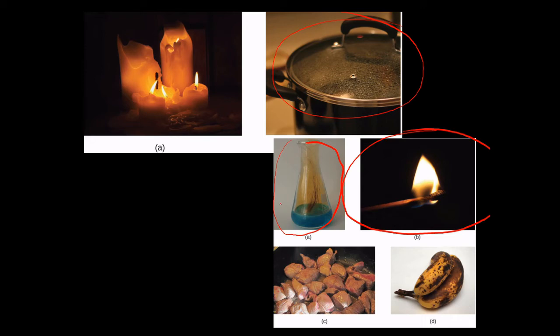Because if it was still the same molecule, in almost every case, and in reality there are some exceptions to this, they're very, very rare though, so for our purposes anyway, we'll pretend those exceptions don't exist. With very rare exceptions, if there's a color change happening, it's a chemical change.